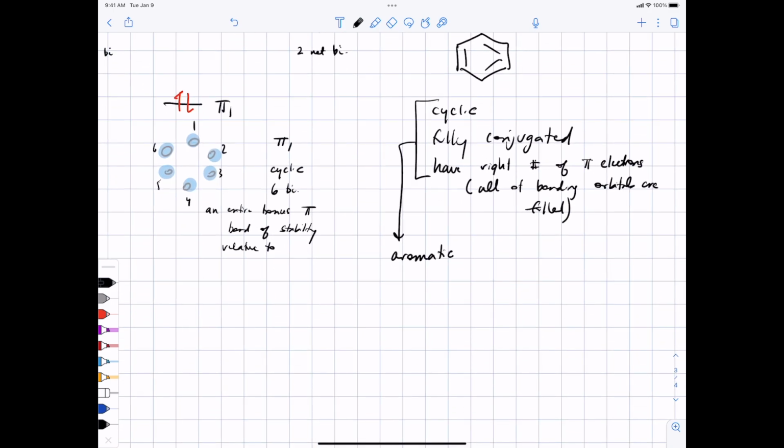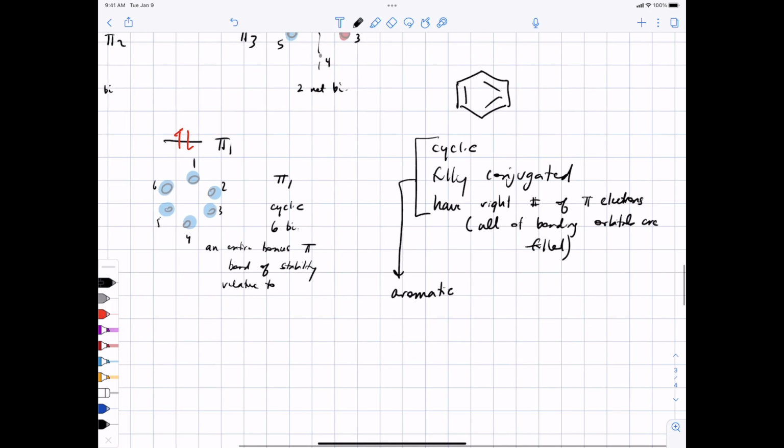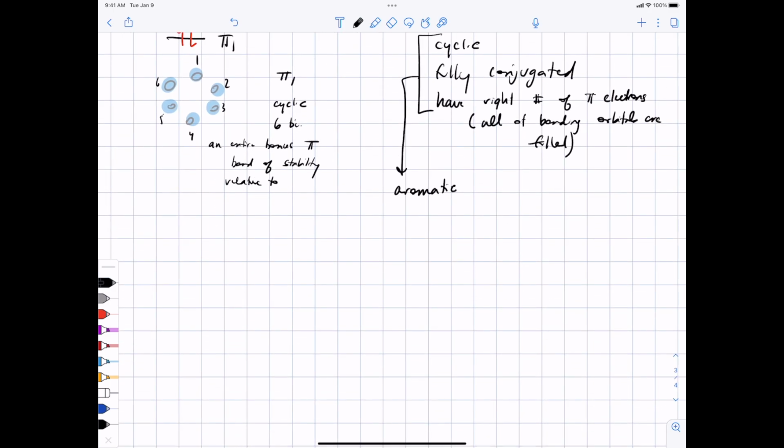Now that does not refer anymore to the smell of the molecule, though originally benzene does have a distinctive smell, and so benzene molecules like it sometimes are volatile and have an interesting smell, and that was why the word was originally chosen. But we use the term aromatic, or that's the adjective.